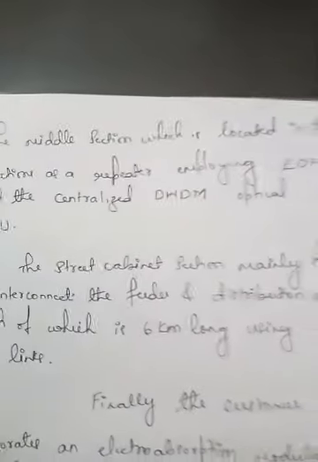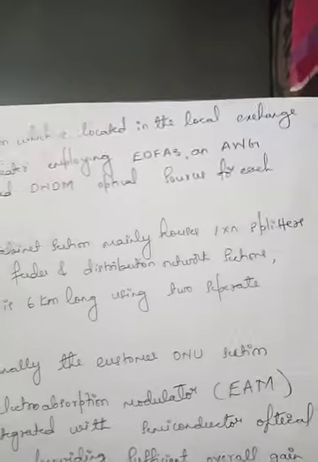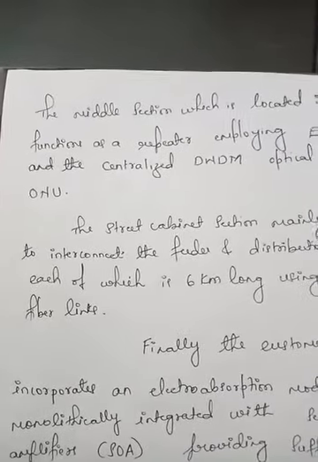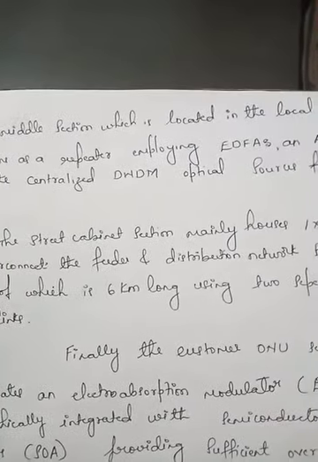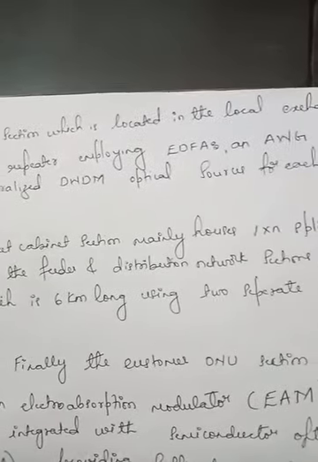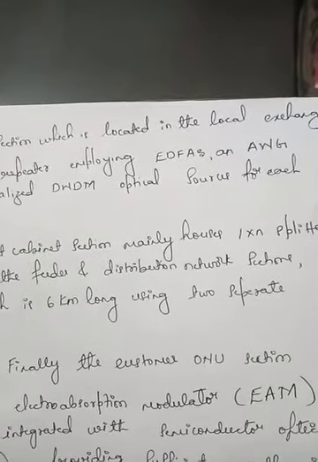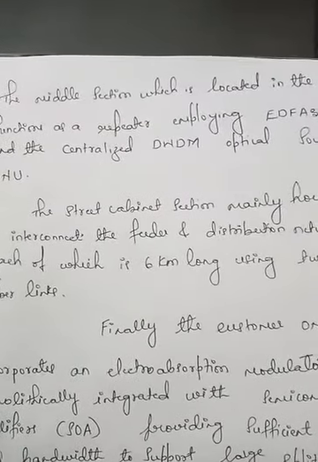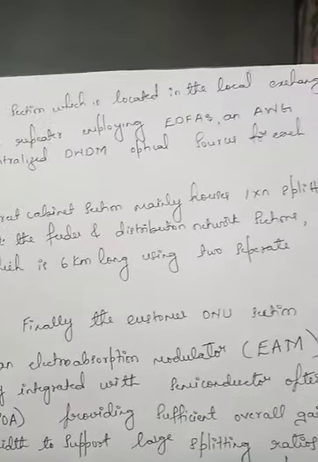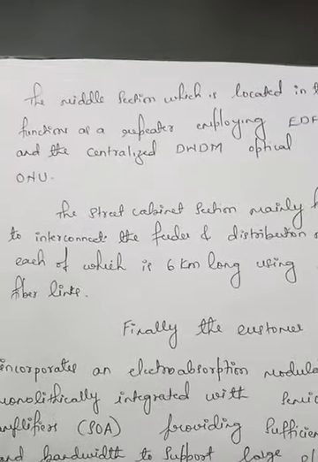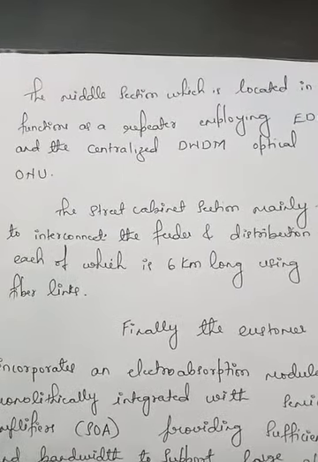The middle section, which is located in the local exchange, functions as a repeater employing EDFAs and AWG, that's an arrayed waveguide grating, and the centralized DWDM optical source for each optical network unit, ONU.